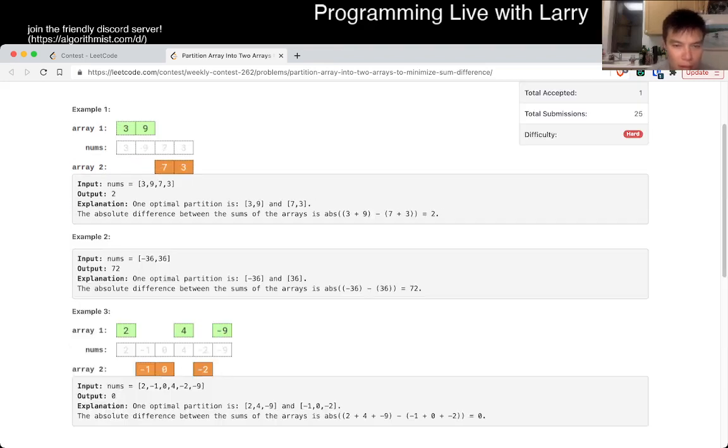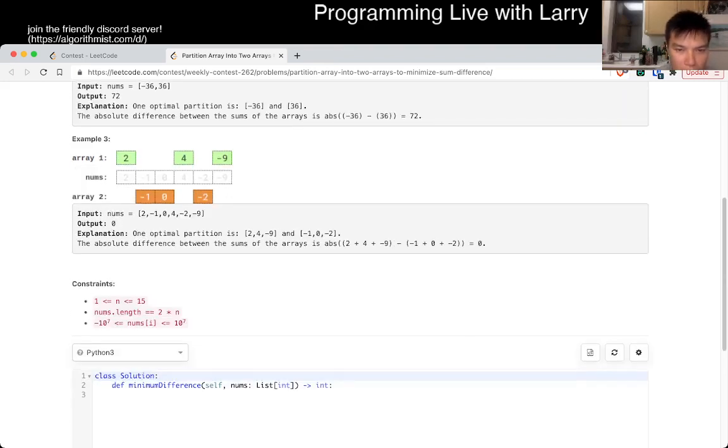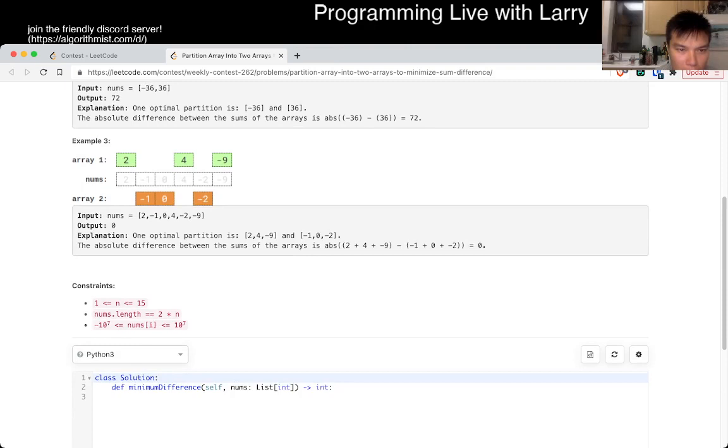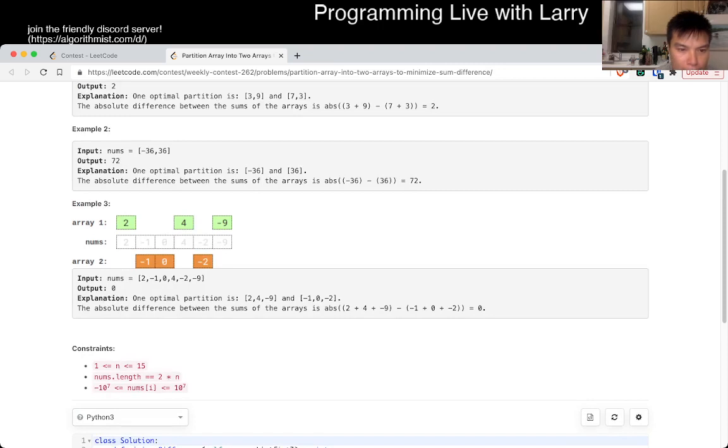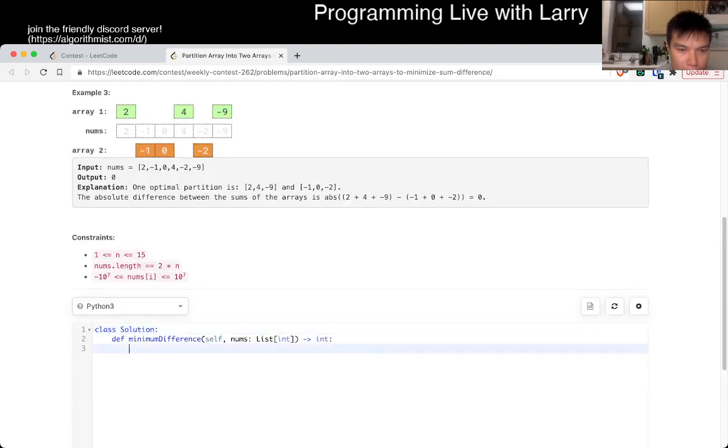Isn't this just divide in the middle, or meet in the middle? Probably, right?